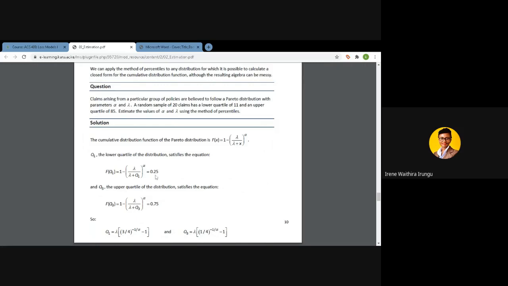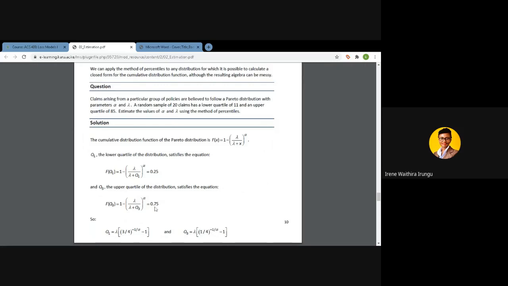So if you are evaluating the first quartile, ideally what it means is that the probability that your random variable X is less than the first quartile Q1 should be equal to a quarter of the distribution. And in the same way, if we are evaluating the third quartile, we are simply saying that the probability of your random variable X being less than Q3 should be three quarters of your distribution.